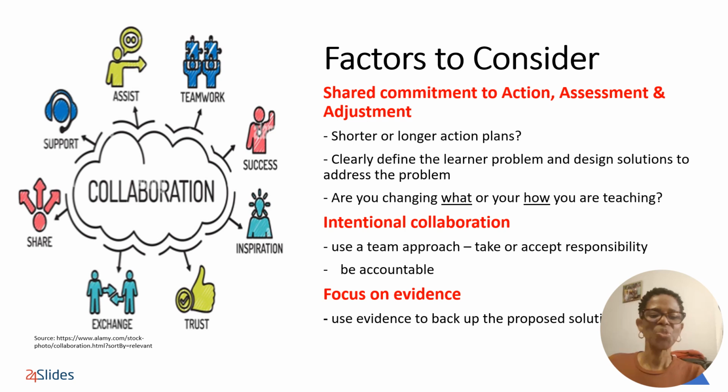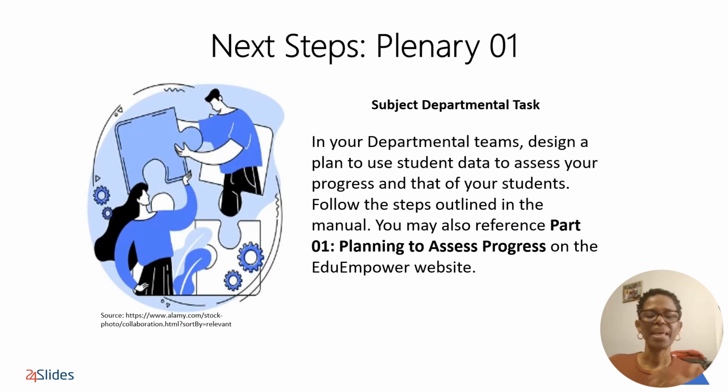All right. So now that we have gone through that plan, here's what you are going to do when you meet in your subject departments during your common planning time. In your departmental teams, I want you to design a plan to use the student data to assess progress and that of your students. So you are going to follow the steps that are outlined in the manual that you will be presented with by your instructional leader.